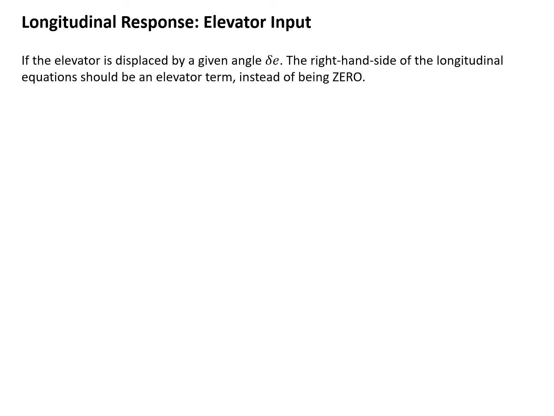If the elevator is displaced by a given angle delta E, the right-hand side of the longitudinal equations should be an elevator term. Why? Because in the stick fixed control we talked about in the earlier chapters, the right-hand side elevator term is usually set to be 0. But here, instead of being 0, we get some value input over there. Let's see how it happens to the equation.